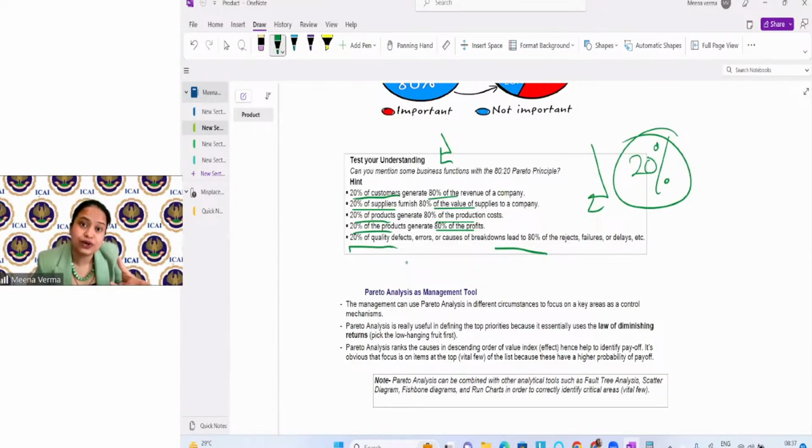Do more by doing less. You're working less, but achieving more results, right?